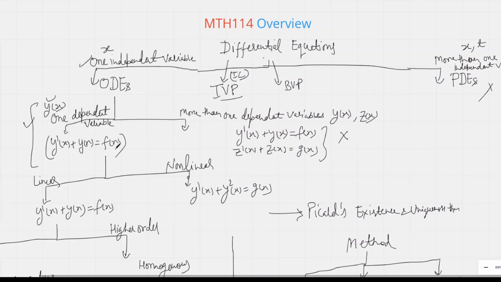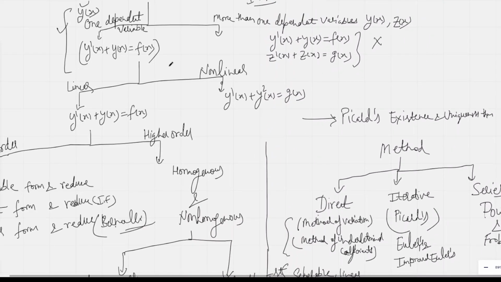Next we have linear or non-linear. In non-linear we have non-linearity in the dependent variable. Linear is basically when the power of the dependent variable and its derivatives is 1 and they don't have any multiplication among them.